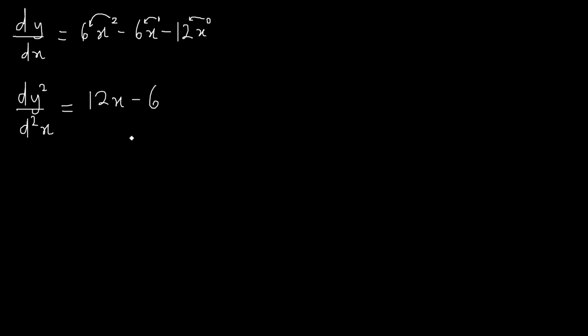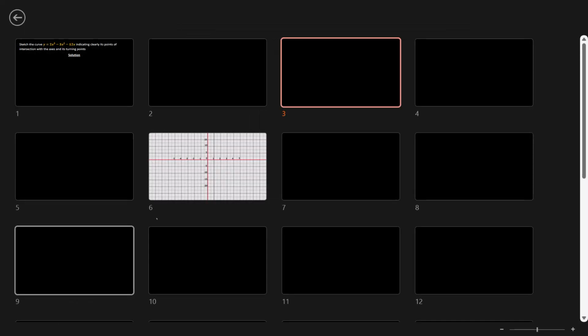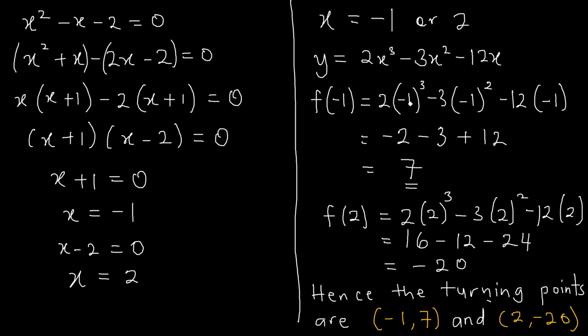Now what we are going to do is use the individual values that we found for the x component. If you remember correctly, we got x to be -1 and +2. We will put these x values into the second derivative to see whether we are going to get positive values or negative values.